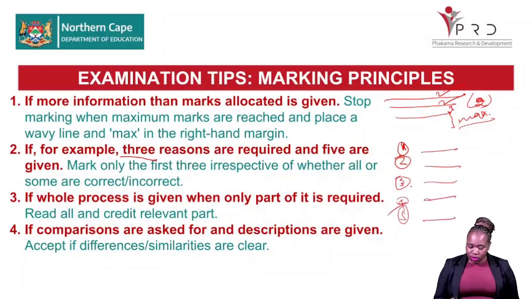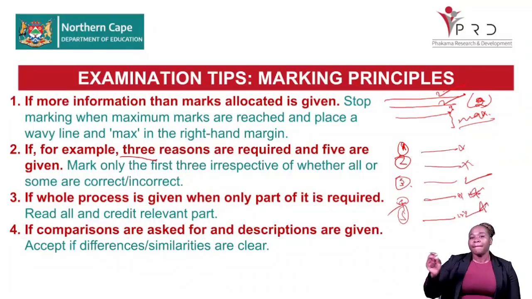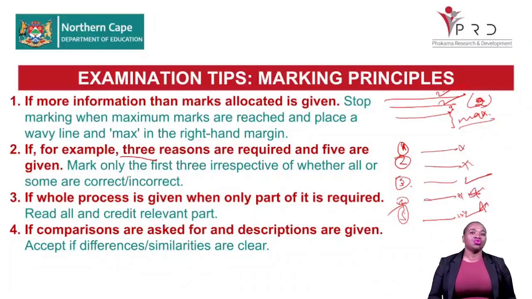Now, if you're looking at all these reasons, this one is incorrect, this one is incorrect, and number 3 is correct. And then these 2 are also correct. Just because these 2 are correct, it doesn't mean I should then go on and mark these 2. I'm not allowed to mark these 2. I'm only going to mark the first 3 because the instructions simply said 3 reasons. Now, if you give more than 3 reasons, it means that you do not take instructions, therefore the remaining will not be marked.